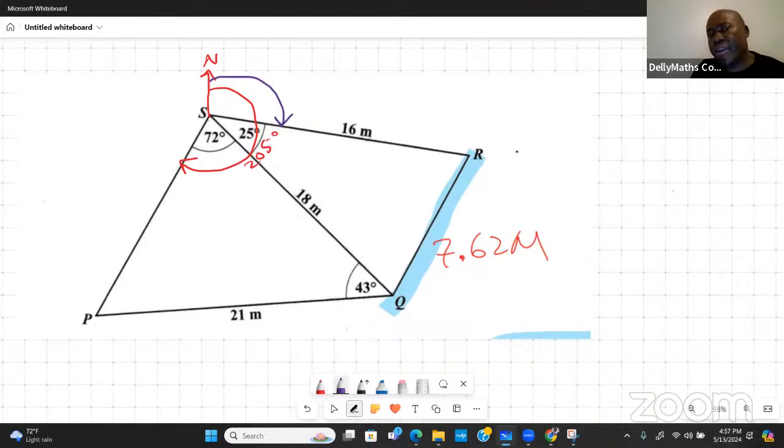All I'm going to do is subtract 72, the sum of 72 and 25, from 205. That is all we have to do to get that bearing, because this piece is the missing piece that we're looking for out of the 205. That's the bearing that we want. So we could simply subtract.